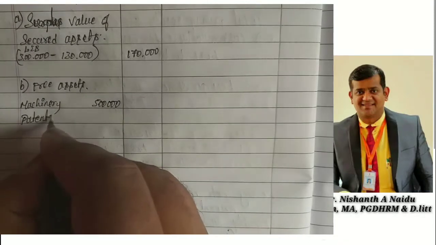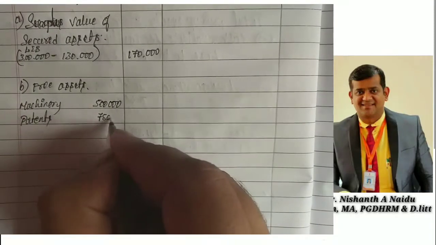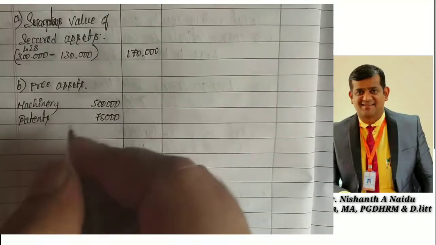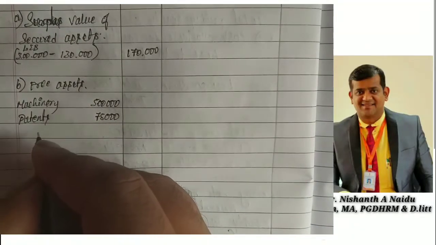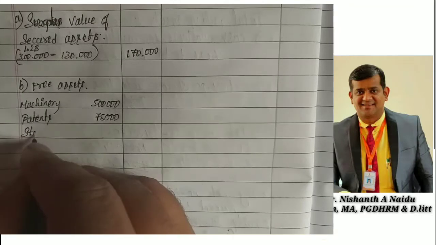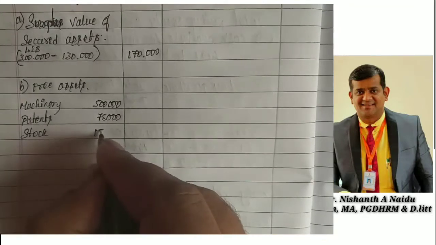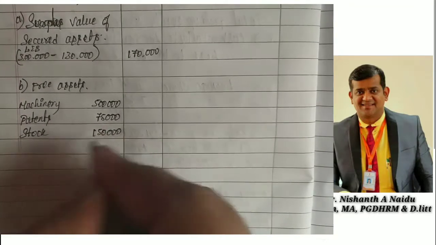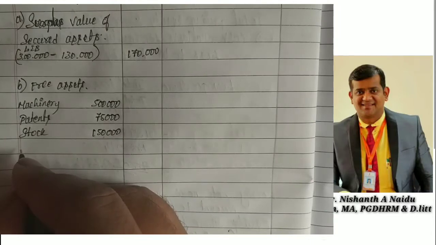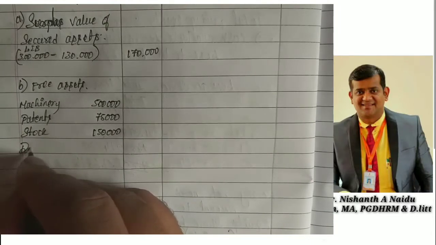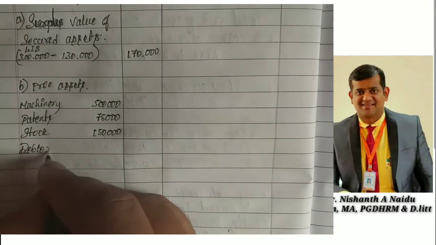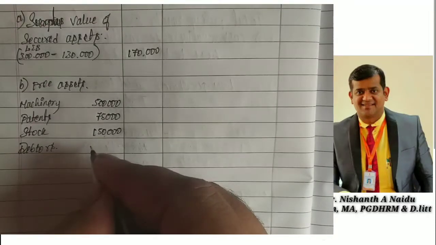Then we have stock for 1,50,000 rupees. Then we have debtors realized for how much? Debtors got realized for 2 lakh rupees.